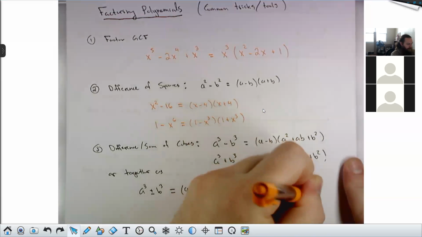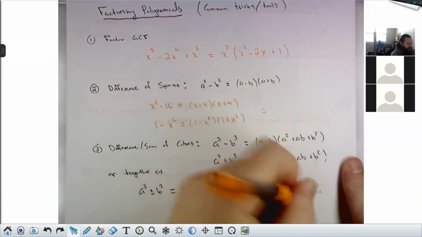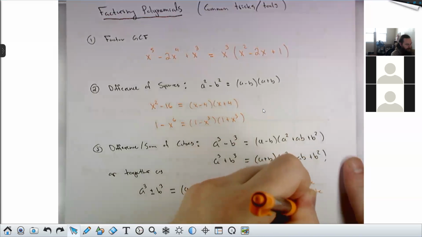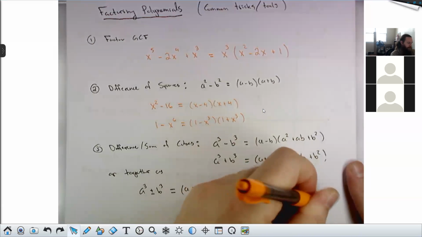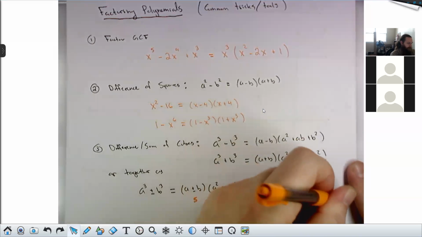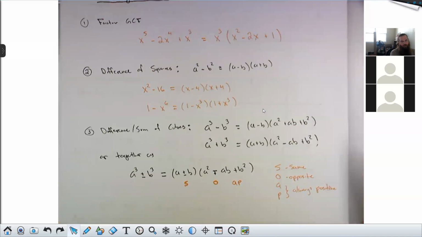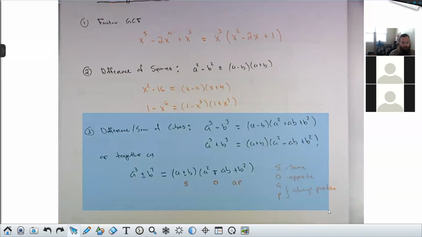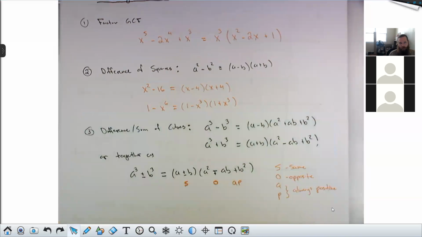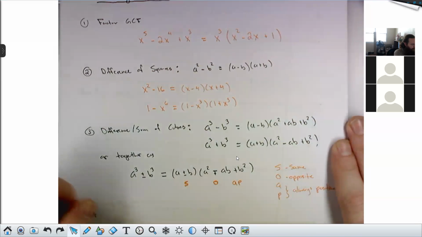Same sign, opposite sign, and then these guys mean always positive. I won't require you to know the sum or difference of cubes formula, but it is very useful. So I wanted to show it to you. This is a useful trick that can get you out of a lot of tough situations, but you're not required to know it.